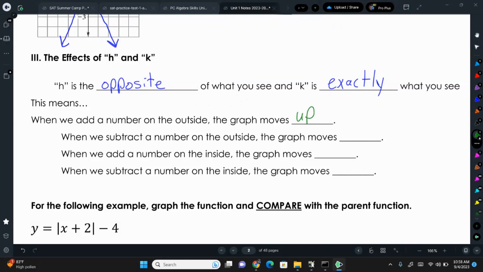If we subtract a number on the outside of the absolute value bars, the graph goes down. If we add a number on the inside, it moves in the opposite of what we would think, so it's going to move left. And if we subtract a number on the inside, that vertex moves right. So that will help us graph our vertex, and then once we have our vertex, we can use the a value as the slope of our two lines, two parts of the absolute value V, to graph our function.